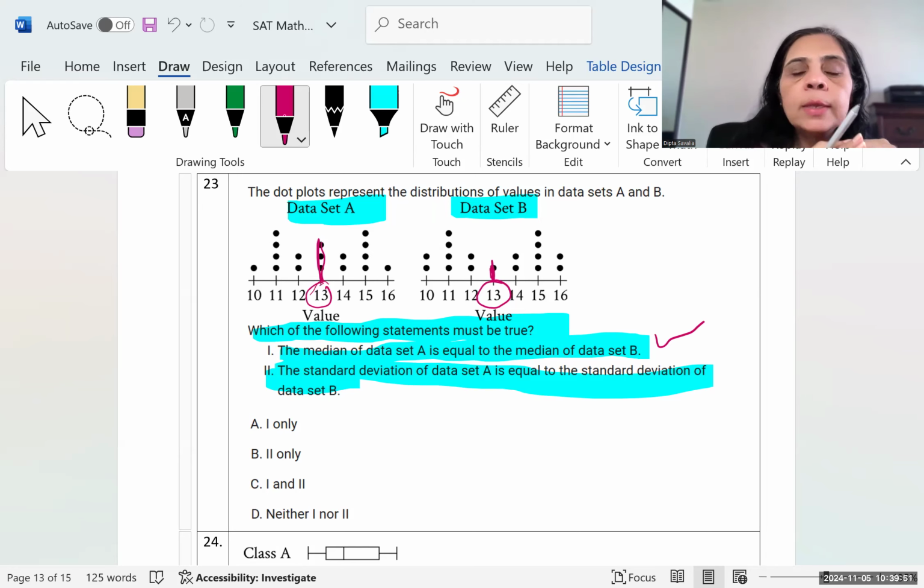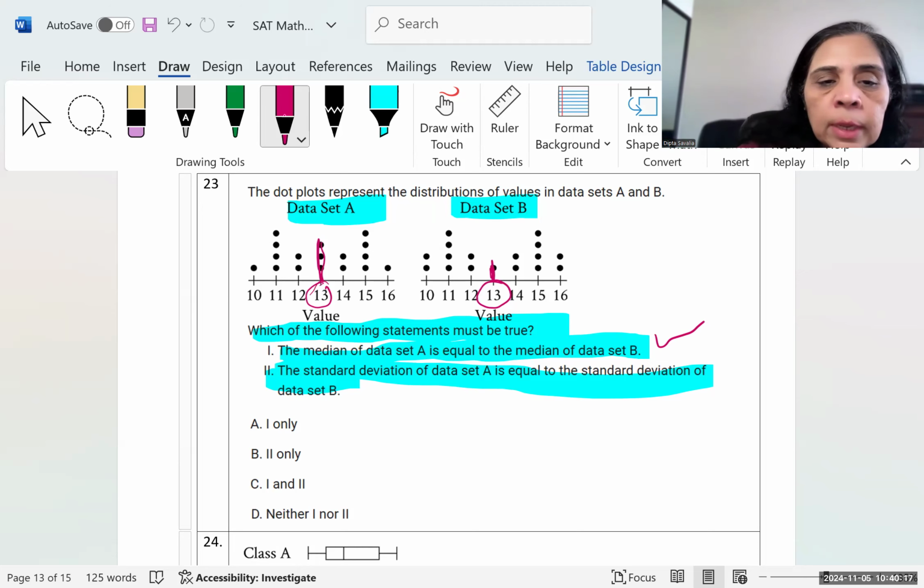What does standard deviation mean? It means how far all this data is from the mean. If the standard deviation is smaller, the data is clustered nearby the mean. If we have a higher standard deviation, the data is more spread out from the mean. They are a little far, right?